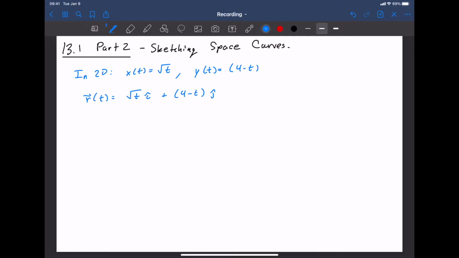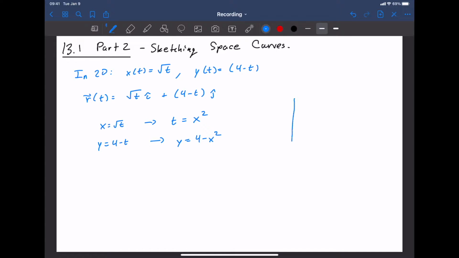If I wanted to sketch this, what would I do? If x equals root t and y equals 4 minus t, we often figured out we could get a path by solving for t, so t equals x squared, with some domain restrictions. Careful, t had to be positive here. And therefore y would have to equal 4 minus x squared.